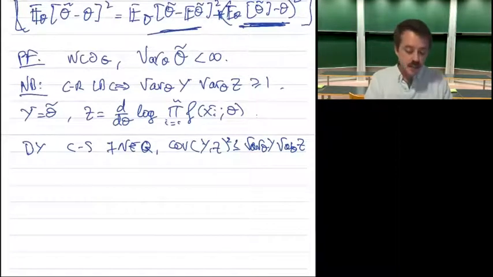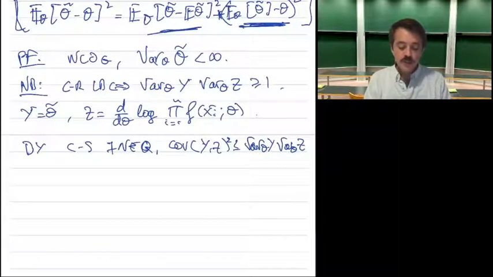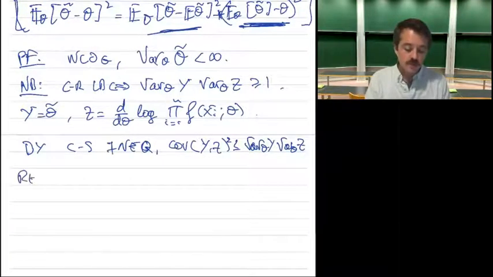This covariance. Well, recall, note that the expectation of z under theta is 0.